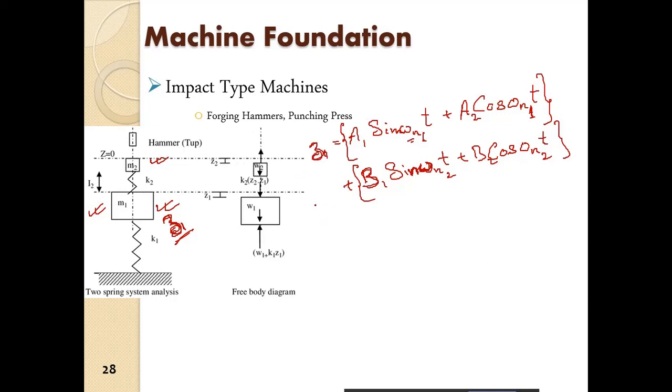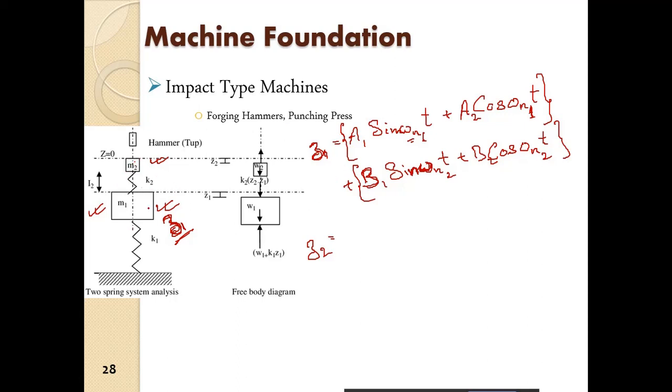Now similarly, z2 will be given by, when there is a motion in z1, an influence factor, or we can say a correlation factor, between the amplitudes of motion of m2 and m1.